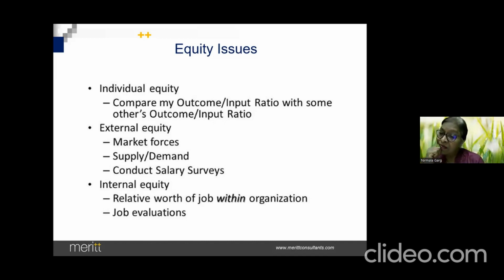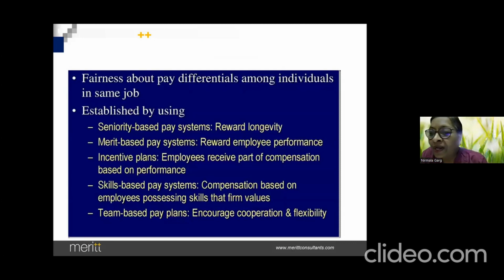Then what else? Seniority, in terms of tenure, it could be. It could also be because of performance, merit pay, incentive plans, or maybe Abhijit has certain HR certifications like analytics certification or compensation certification, so he's getting additional increments. Or maybe there are certain skills he has, so a skill-based compensation system.